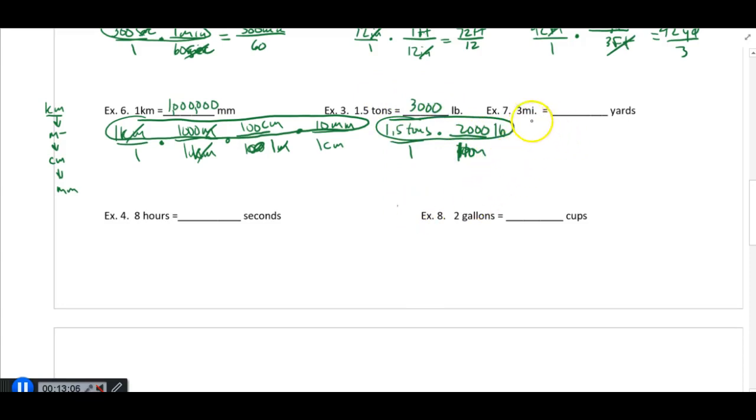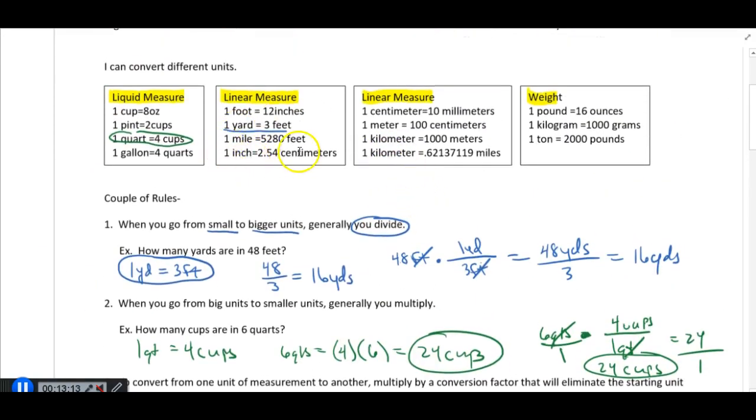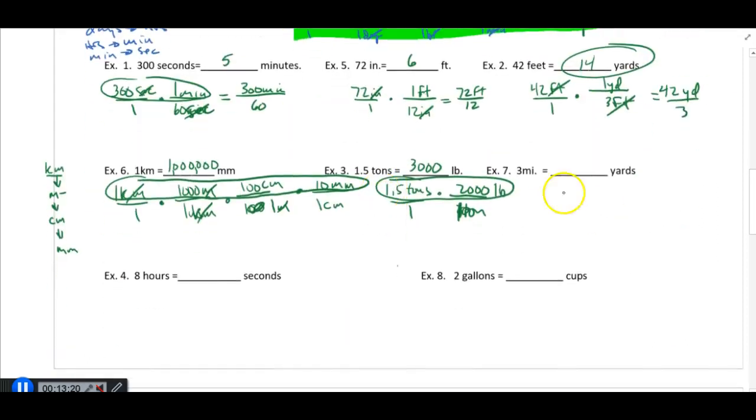Okay? Now, miles to yards. This one's a little tricky because if you go up here, 1 mile can get you down to feet. So we have to go from miles to feet, feet to yards. In this case, 3 miles over 1 times 1 mile, I need the miles to cancel, is equal to 5,280 feet. Times, in this case, I know 3 feet is equal to 1 yard.